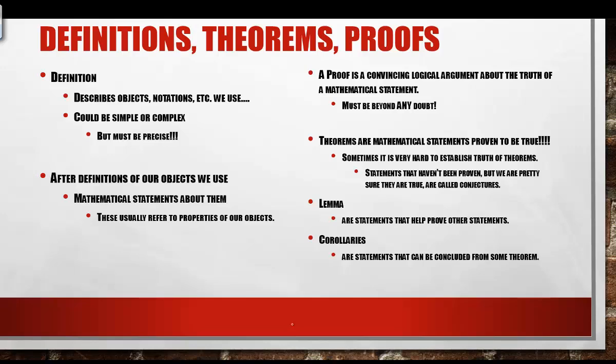And as I said, along the way of designing a proof, we may end up proving smaller or related statements that we can then use to prove our theorems. We call those things lemmas. So a lemma you can think of as a mini theorem.